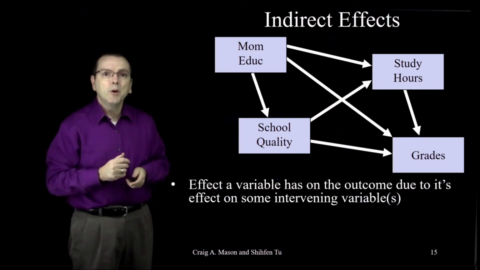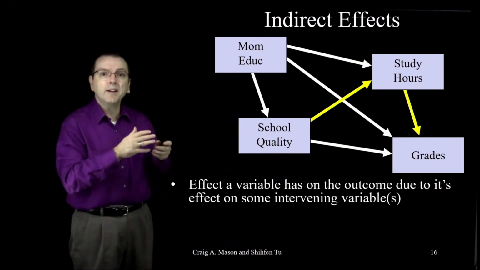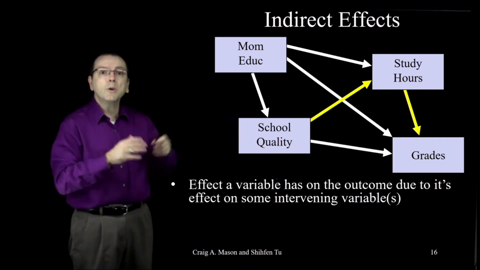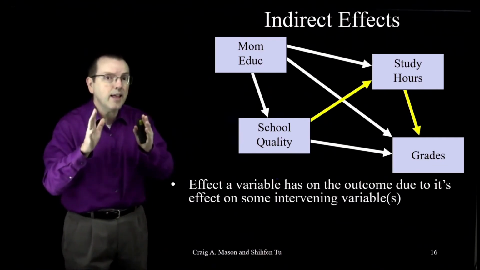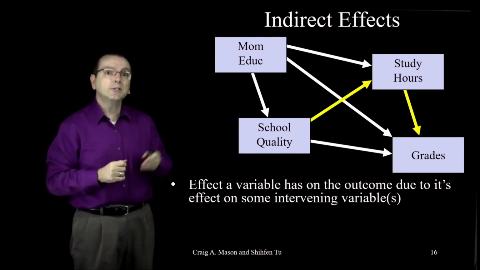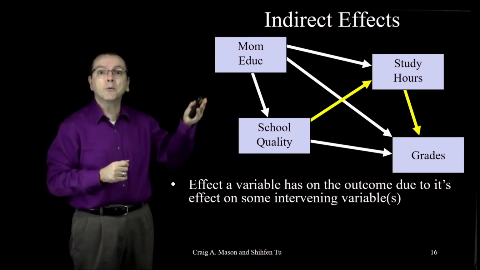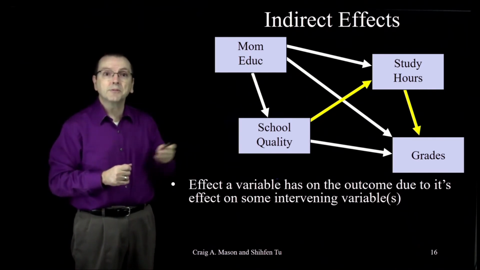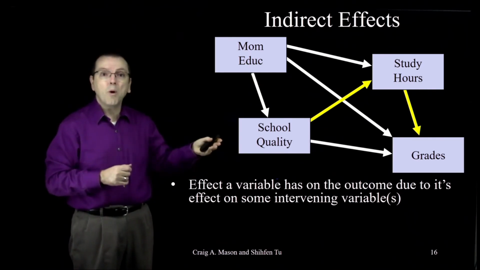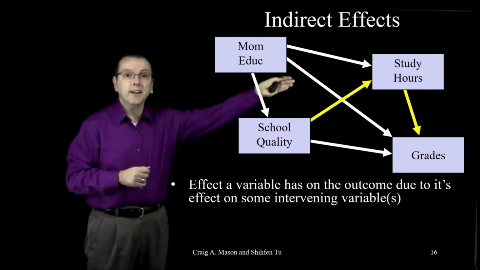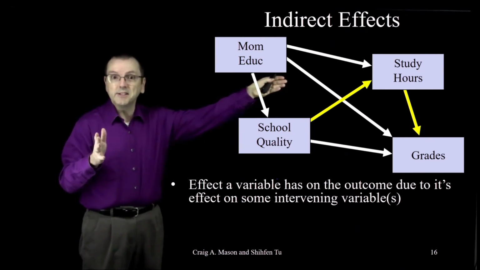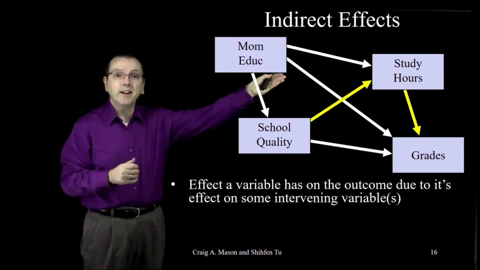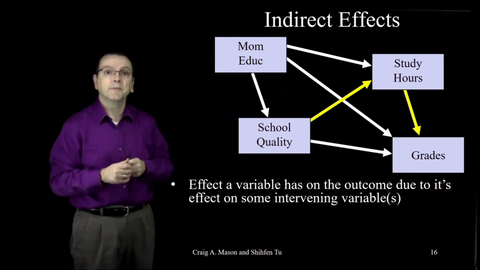For example, we see an indirect effect here in these two yellow paths together. It's the effect that school quality has on grades through its effect through study hours. Higher school quality leads to more studying, a mediator in this instance, and more studying then leads to higher grades.